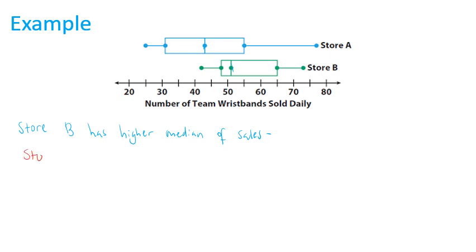So store A has the highest maximum of wristbands sold. It also has, that's the maximum, it also has the minimum as well.